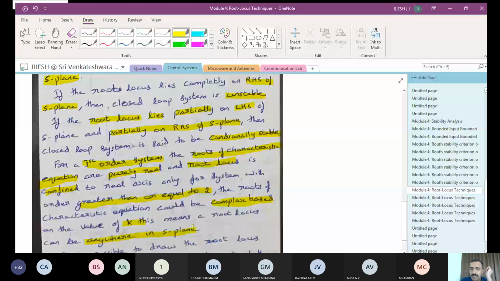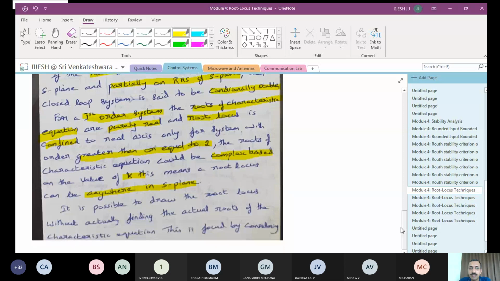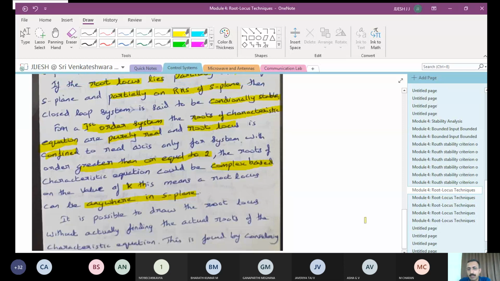So these are a few points of theory you can make a note of.